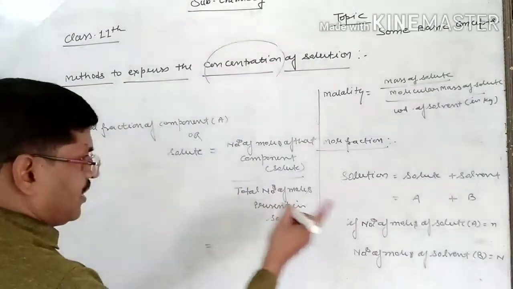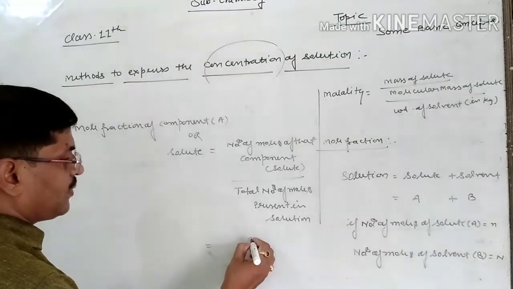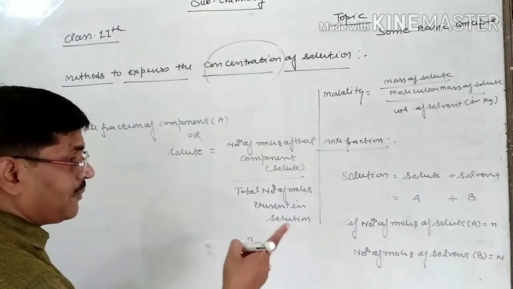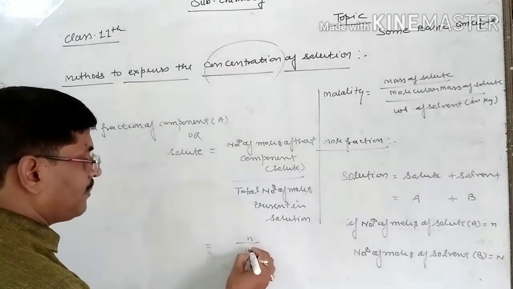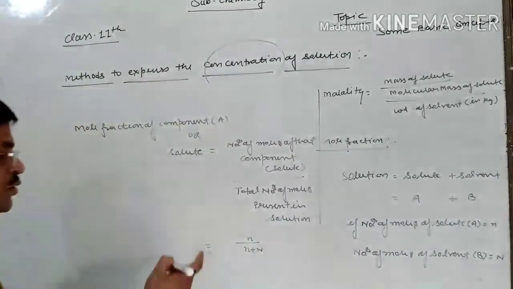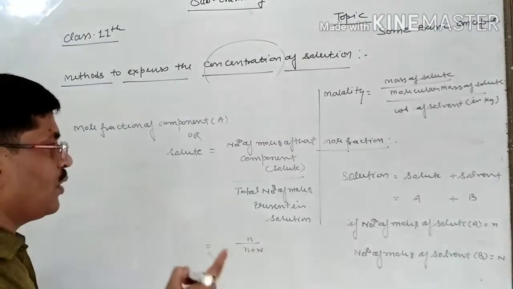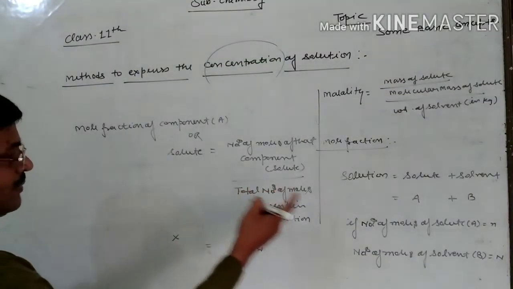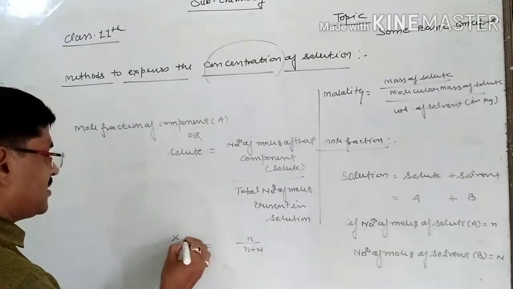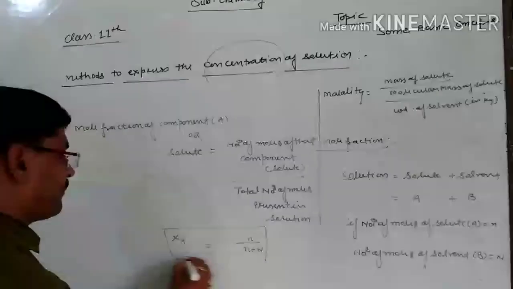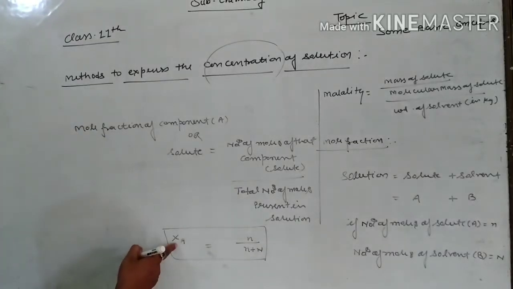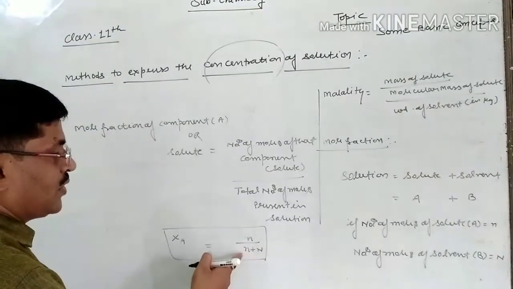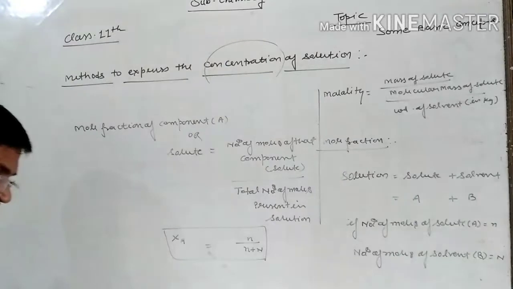As you see, I have taken number of moles of solute as small n and total moles, meaning the sum of moles of solute and solvent, so small n plus capital N. So this is the formula for the mole fraction of solute, and it is represented as XA. It means mole fraction of solute, or component A, is equal to number of moles of solute upon number of moles of solute plus solvent. So this is for the solute.